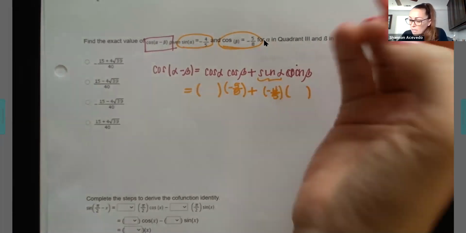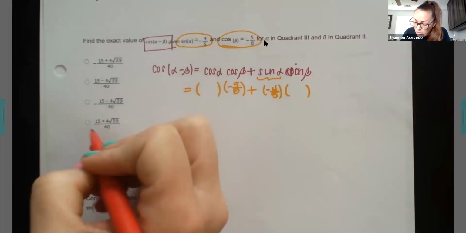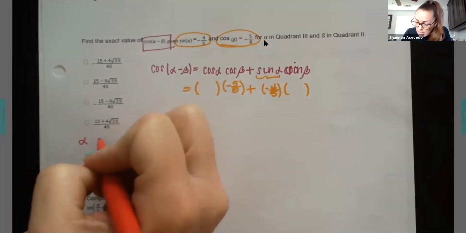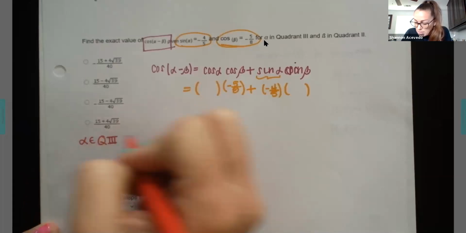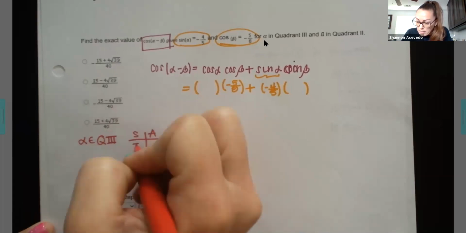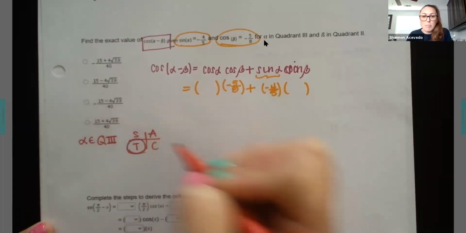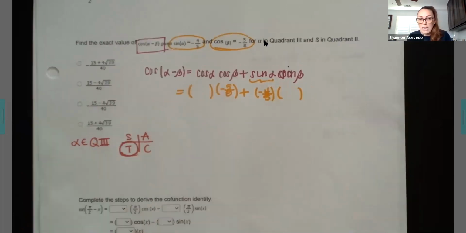So I know that my alpha is in quadrant 3. What that means is that all students take calculus, so tangent is positive. So if tangent's positive, then I know my sine and my cosine values are going to be negative.